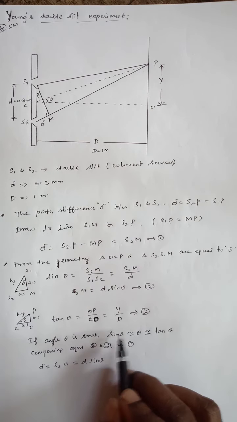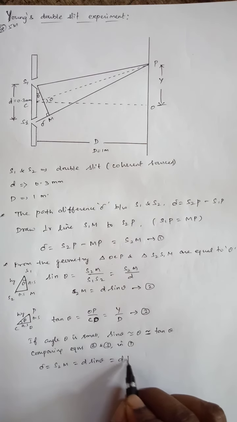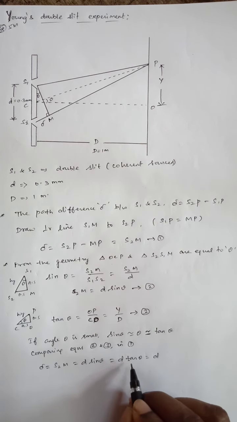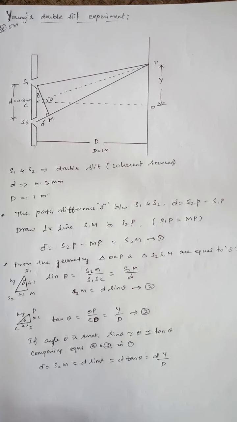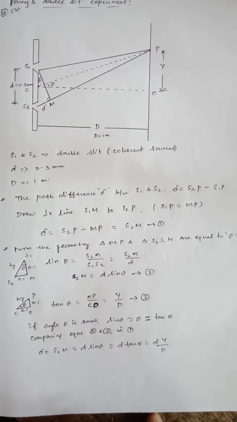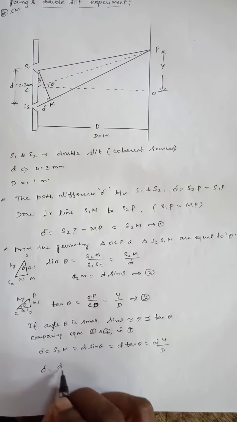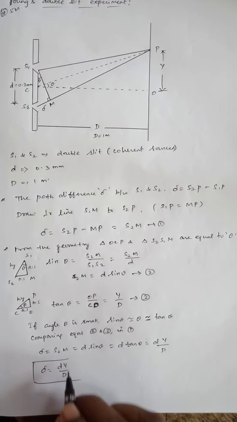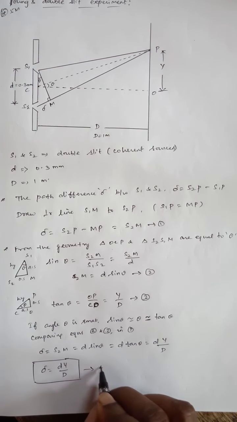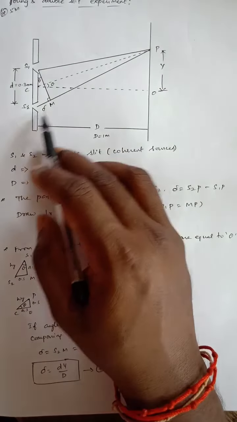So I change sin theta to tan theta, and you write small d tan theta. The value of tan theta equals what? Y by D. So we get the formula for that path difference: delta is equal to dy by D. Put the equation number 4. So this is the formula for the path difference delta.